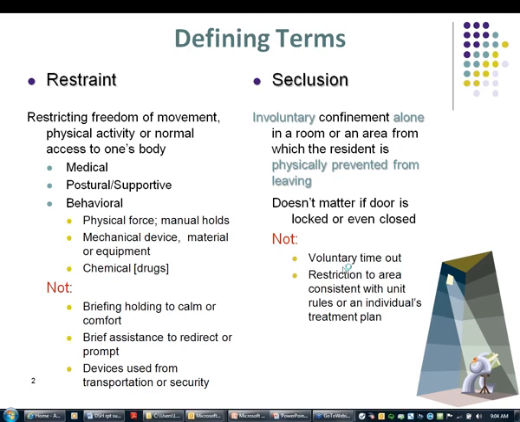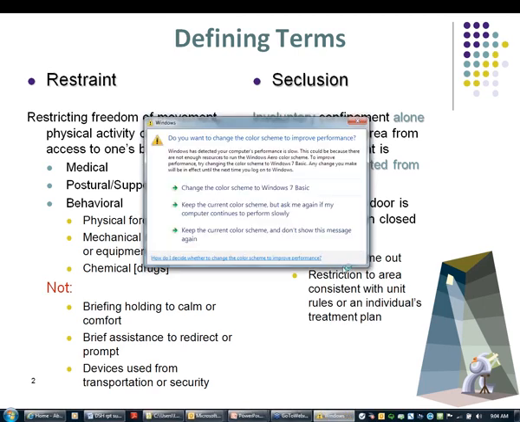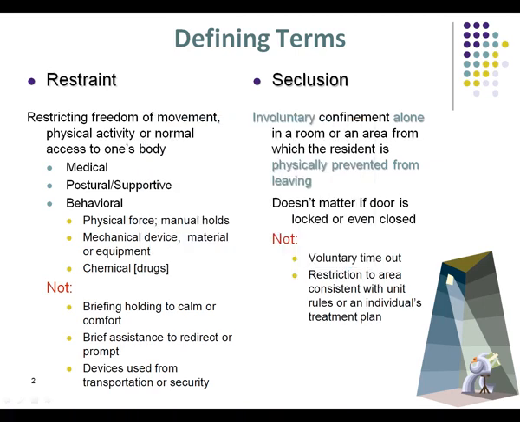You might, for example, see a leg brace that stops a person from bending their leg. Those actually probably don't necessarily clearly fall under a restraint. But let's say you're in a bed and in order to help you sit upright, they've given you a vest restraint to make sure that you sit upright. Those are considered postural or, I keep getting this error message on my screen.